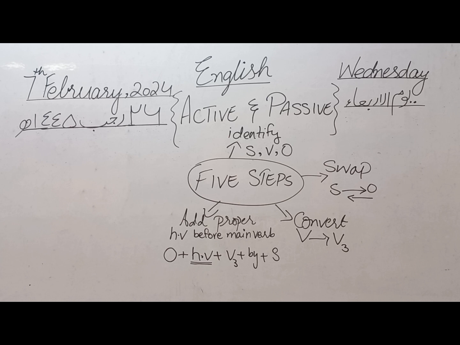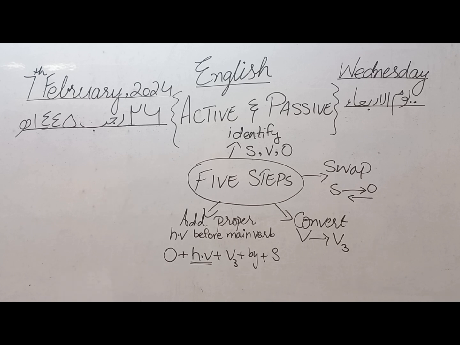So the first thing we have to do is identify the subject, verb and object, then swap the object and subject, then convert the verb into the third form, and then add a proper helping verb. That is very important. That is the fourth step while converting active voice into passive voice, right?